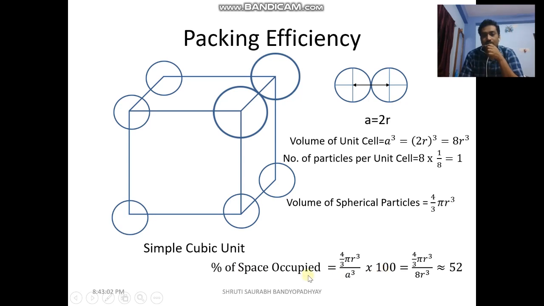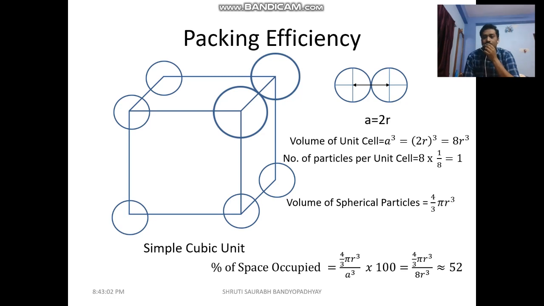If this r cube and this r cube cancel out, then we see that approximately 52.4, approximately 52% of space is occupied by the spherical particles.